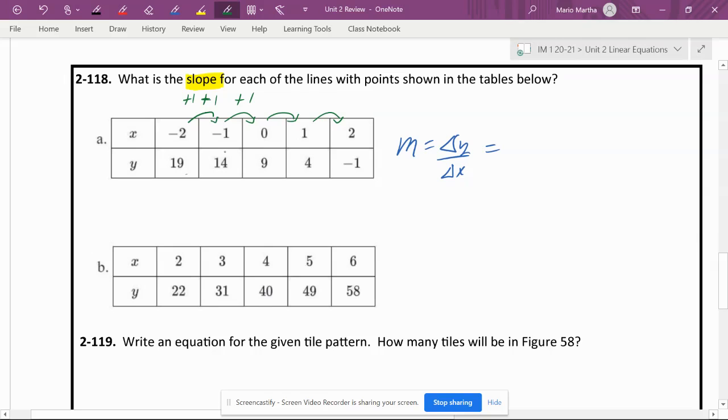In the bottom one, we're going down by 5, so -5, every time. So here our slope is going to be our change in y, which is -5, over our change in x, which is +1. In this case, it just happens to be -5.